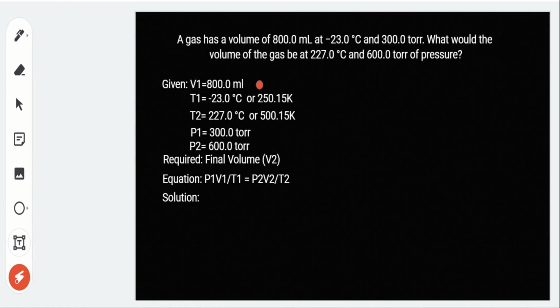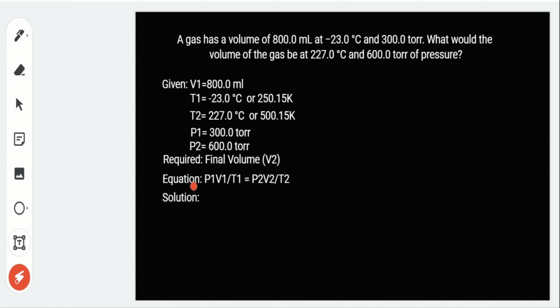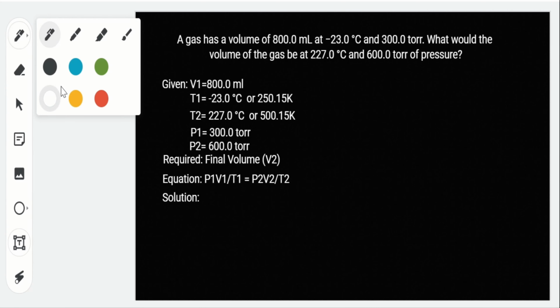So in this problem, we know that we will be using the combined gas law. We will assume the amount of gas is constant. So we're looking for the final volume. This is our equation. Let's derive our equation since we're looking for the final volume.